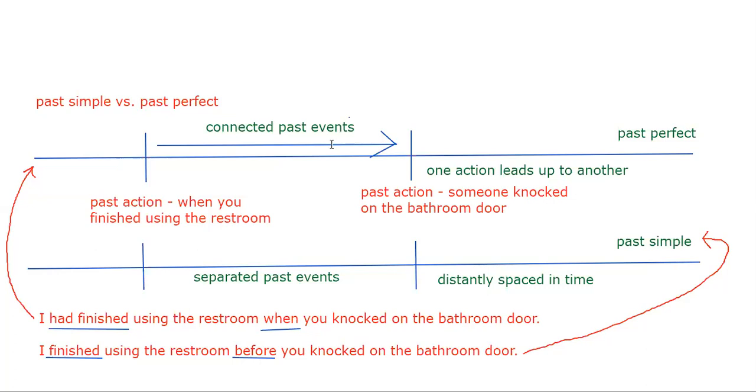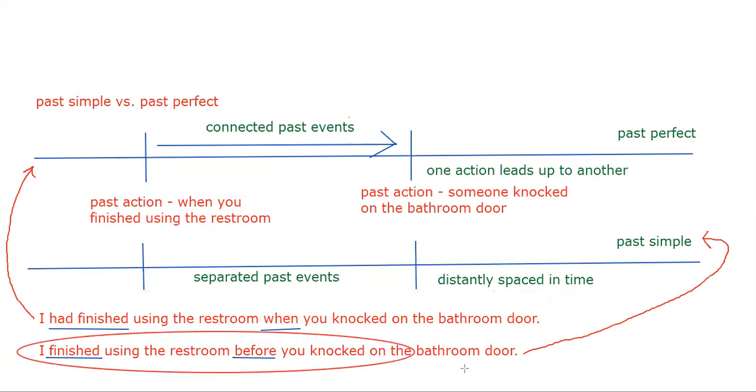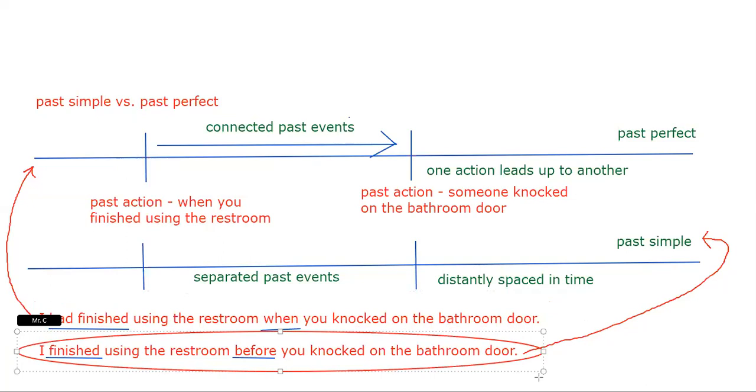But to go back to what I was saying before, when you use the past perfect like this with the conjunction when, you're implying that two events are connected and that one led up to another. For this one here, with the past simple and the conjunction before, you're implying that the events are distantly spaced in time. And it doesn't matter how distantly spaced they are.